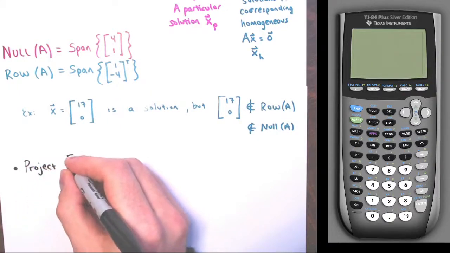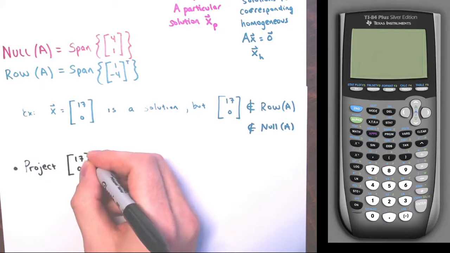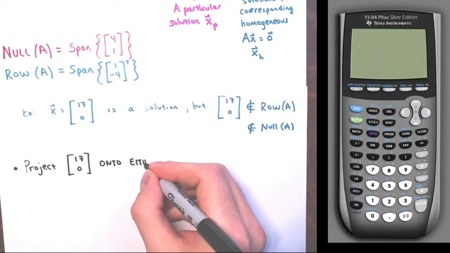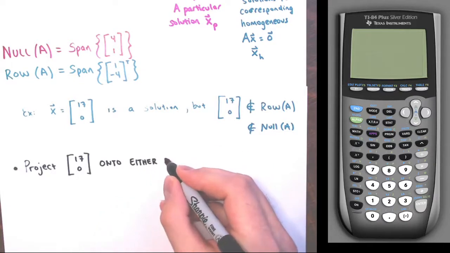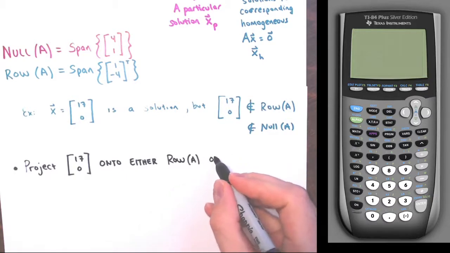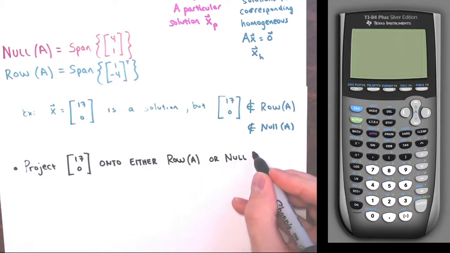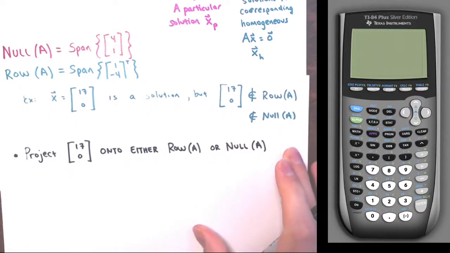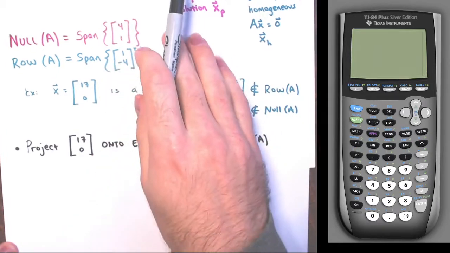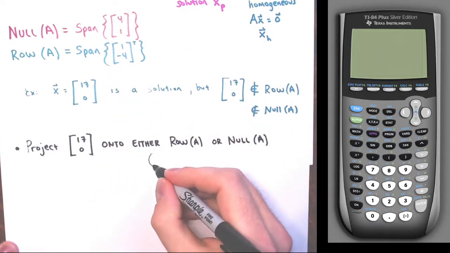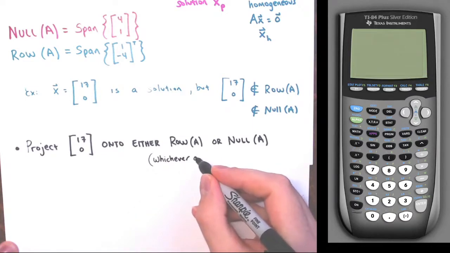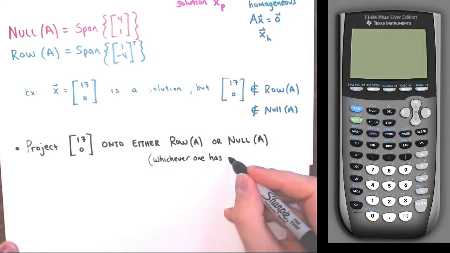I'm going to project 17, 0 onto either the row space of A or the null space of A, whichever has the smaller dimension.